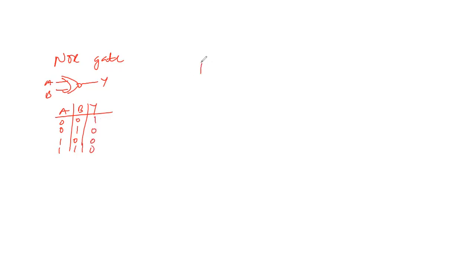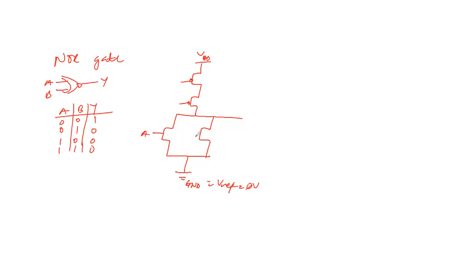So we have P type, K1, and the voltage level. Grounded, 0 volts.